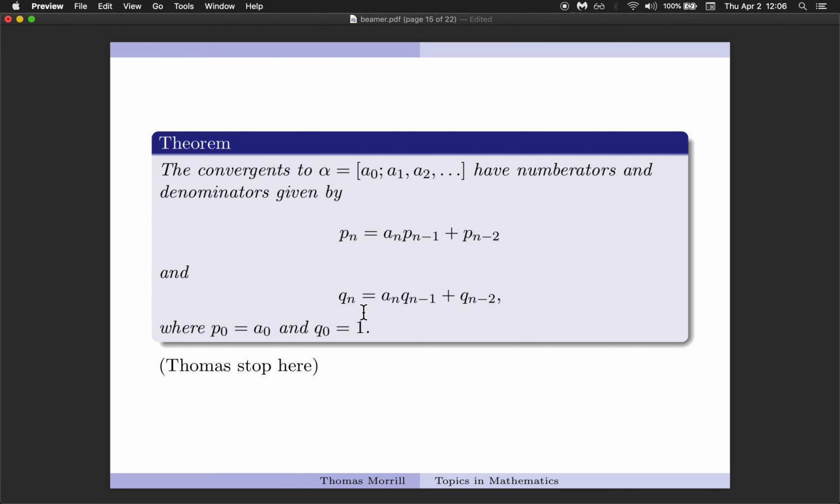And then your next denominator, Qn, is going to be an, taken from the integers up here, times your previous denominator, Qn minus 1, plus Qn minus 2. So let's actually prove that.